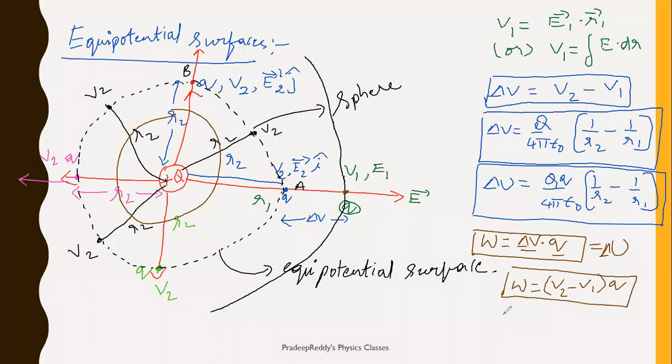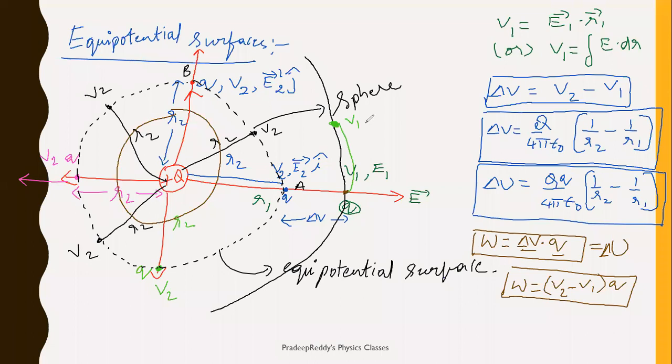Right? Now look here. One important thing I want to explain in this concept. We have a test charge Q at a distance R1, and I am taking this test charge from this position to this position on the same line. Now what is the separation from here to here? That will obviously be R1. Therefore, what is the potential here?